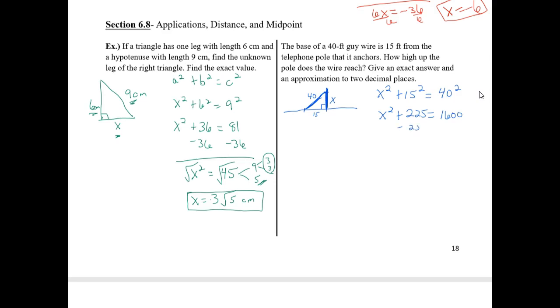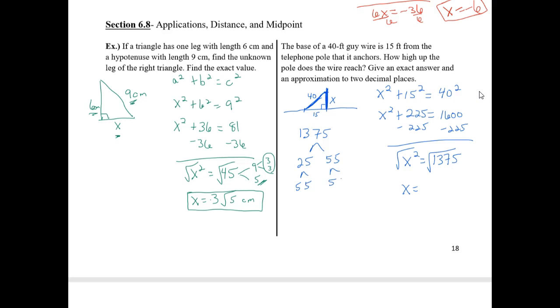We want to get x alone. We subtract 225 from both sides, and we get x squared equals 1,375. And then lastly, I have to undo that square with the square root, and we get the square root of 1375. 1375 is a large number, so I'm going to factor it, and that would be 25 times 55, and 25 is our perfect square, so that's something I could simplify.